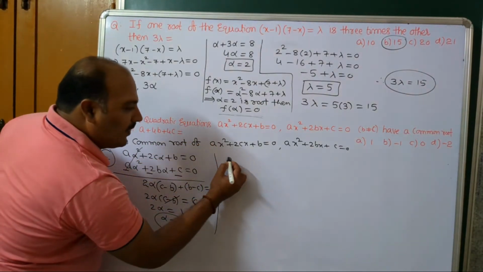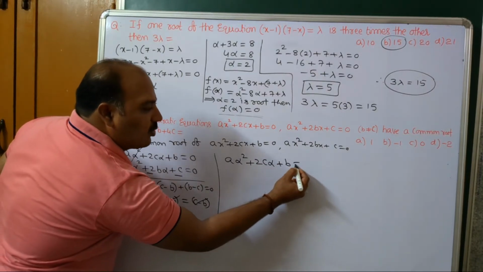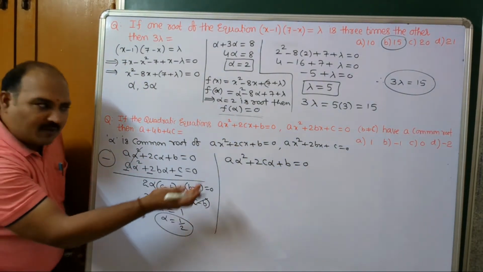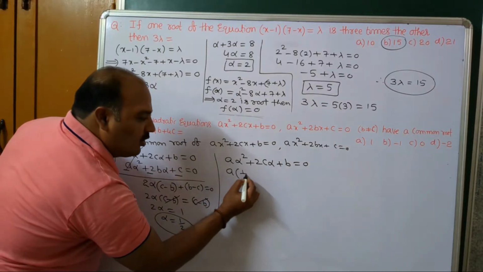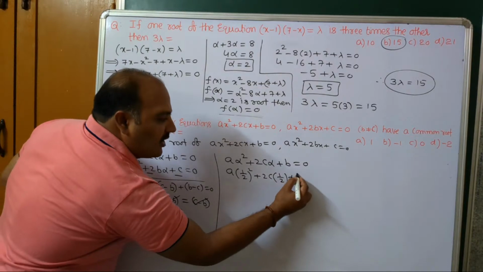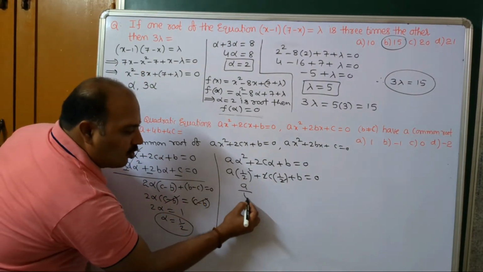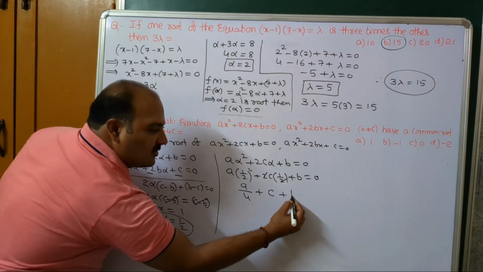Alpha is a root. So a alpha square plus 2c alpha plus b equal to 0. In place of alpha, substitute 1 by 2. So a into 1 by 2 whole square plus 2c into 1 by 2 plus b equal to 0. 2 gets cancelled. a by 4 plus c plus b equal to 0.